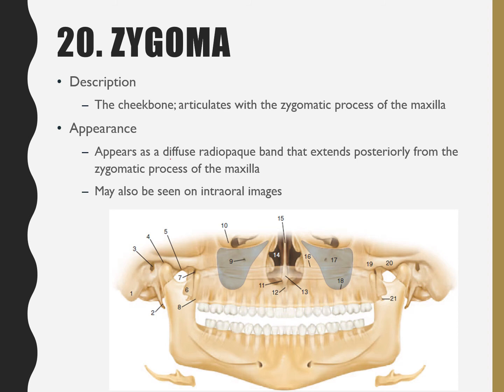A diffuse radiopaque band means that it's not as dense, it's not as bright white, right? It's more see-through. So just keep that in mind when we say a diffuse radiopaque band. And you can see it on intraoral images, as we've known. And it's going to be this area right here, number 20.